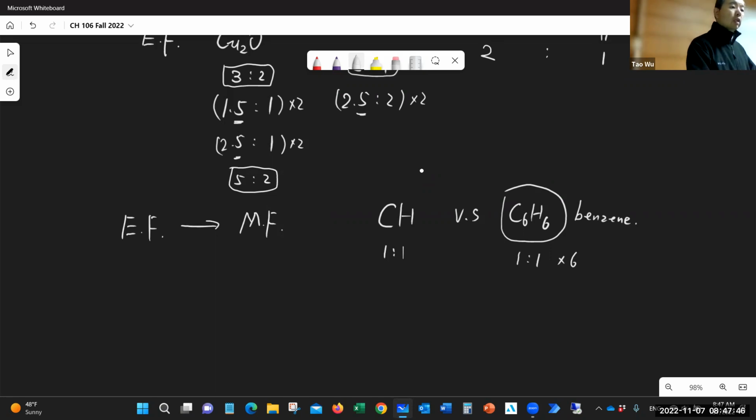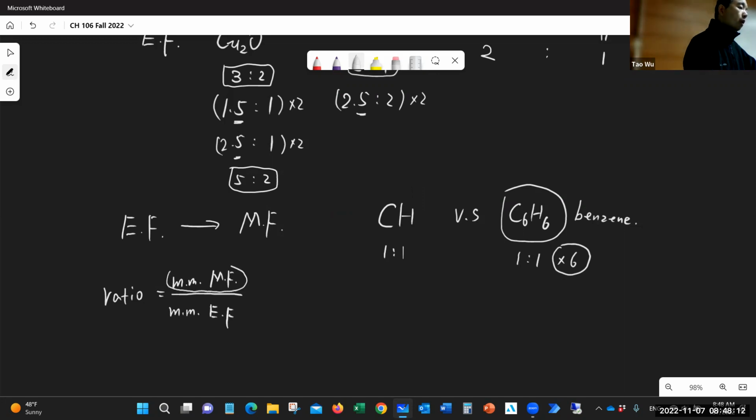So the key is how do we find the ratio between the empirical formula and the molecular formula? This ratio is easy to get based on the molar mass: the molar mass of the molecular formula divided by the molar mass of the empirical formula. Usually the question will give you the molar mass of the molecular formula.